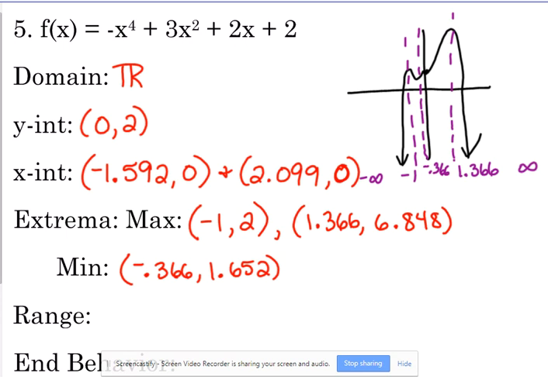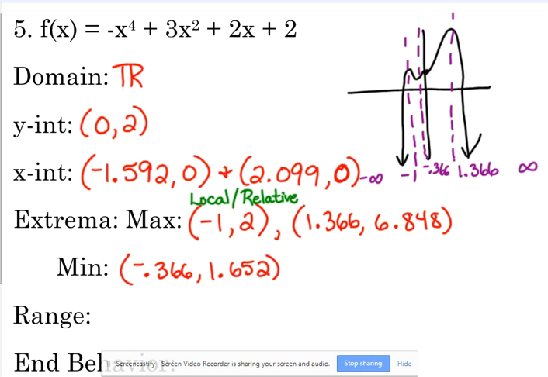Something we need to talk about. Since we have so many maximums and minimums, let's get a little bit more specific with their names. Okay? -1, 2 is what we call a local or a relative maximum, because it's not the maximum y value that our function will achieve. It's just a local maximum.